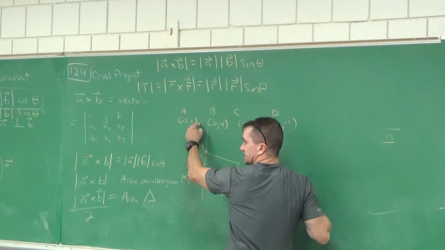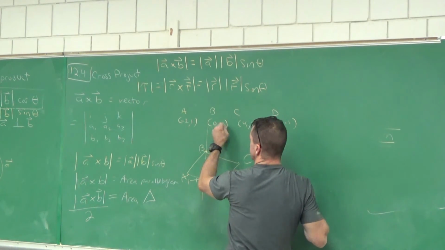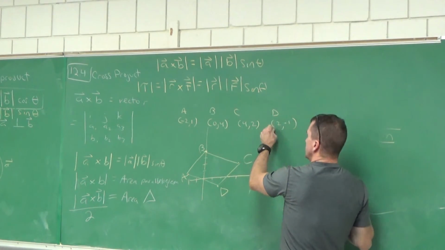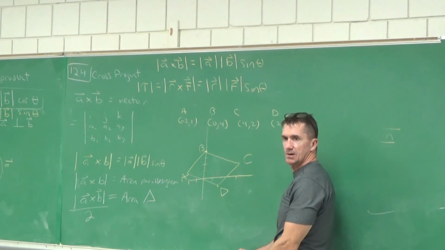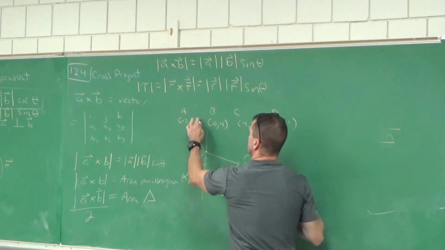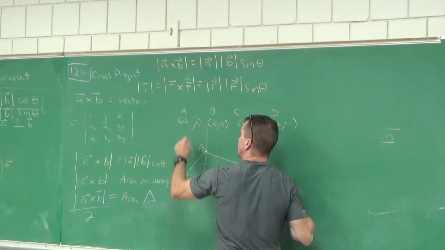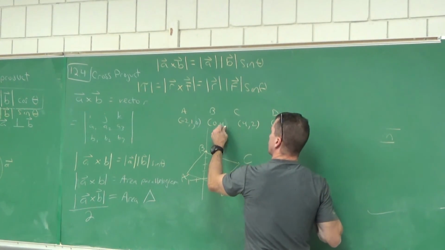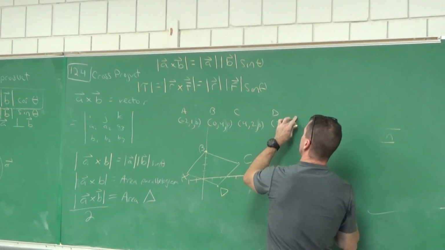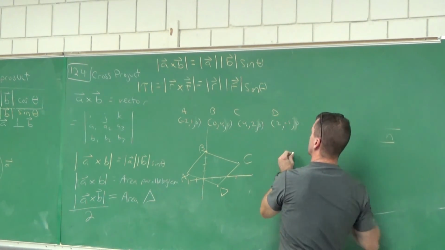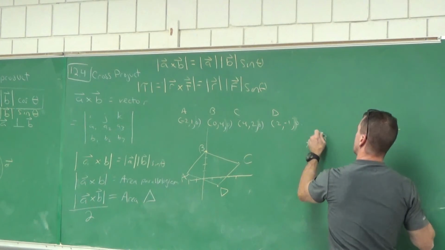Negative 2, 1, 0, and 0, 4, 0, and 4, 2, 0, and 2, negative 1, 0, right? You bet. That's how I look at all these points. You're in negative 2, comma 1, you're in the XY plane. 0, 4, you're 0. 4, 2, you're also 0. 2, negative 1, and you're what? 0. So what is vector AB?